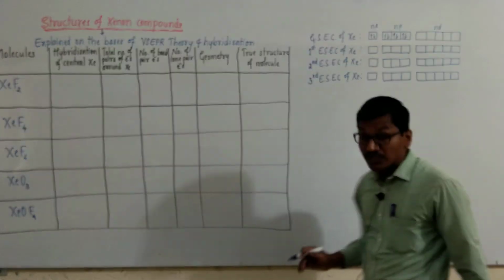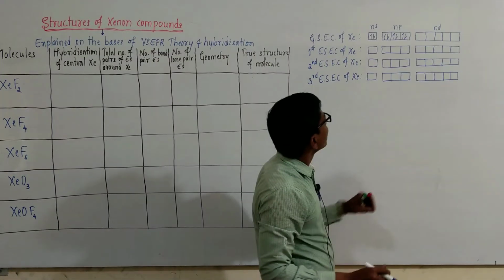These are the vacant d orbitals, and this is the ground state electronic configuration.